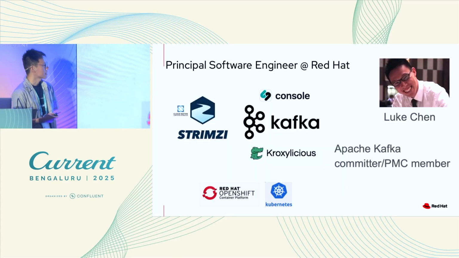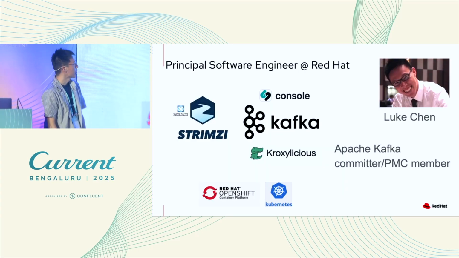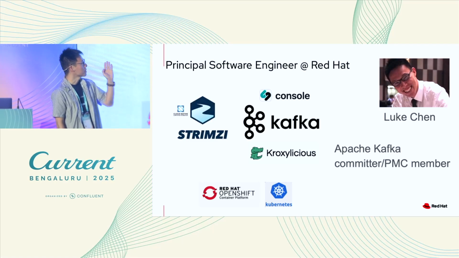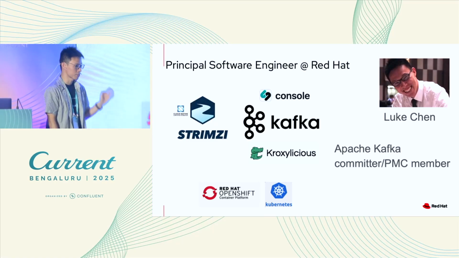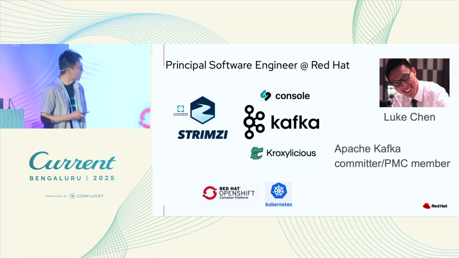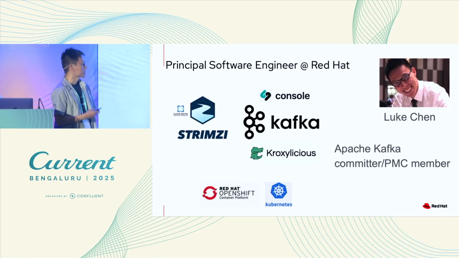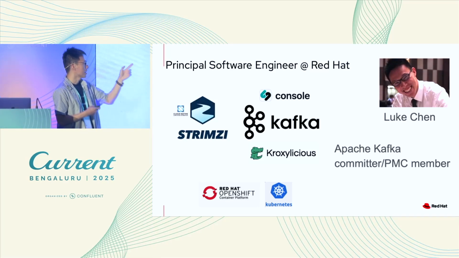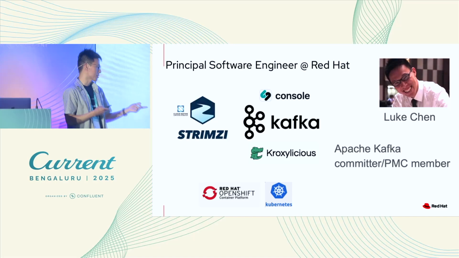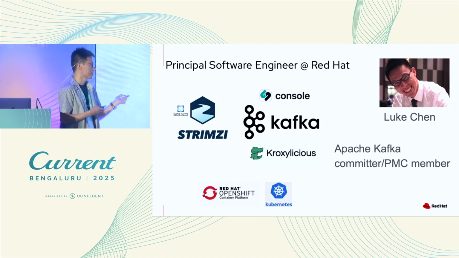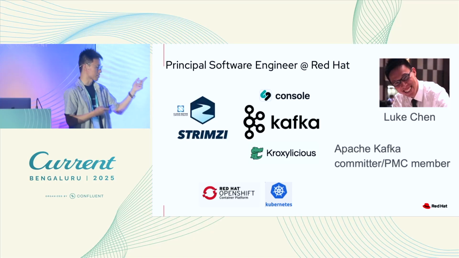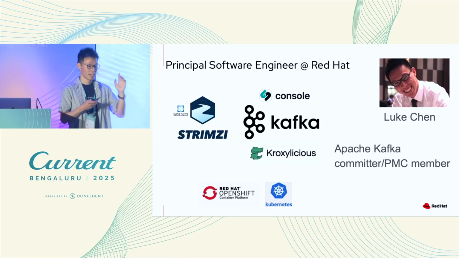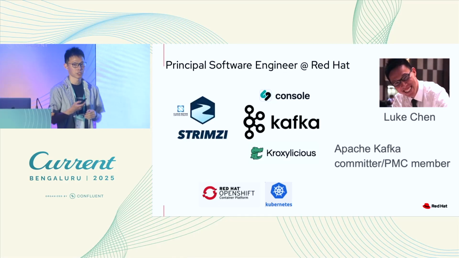Before that, let me introduce myself. I'm Luke Chen, coming from Red Hat as a principal software engineer. Our team mainly works on Kafka and its ecosystem, including Strimzi, which is to run Kafka on top of Kubernetes or OpenShift, and Kroxylicious, which is a Kafka proxy that allows you to extend the capability of Kafka.